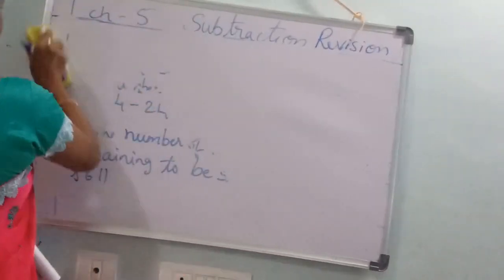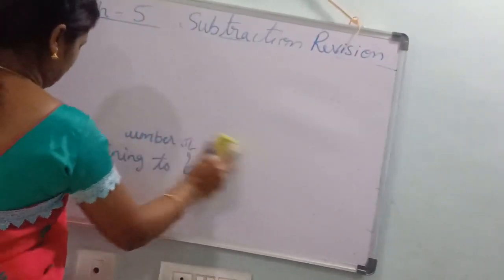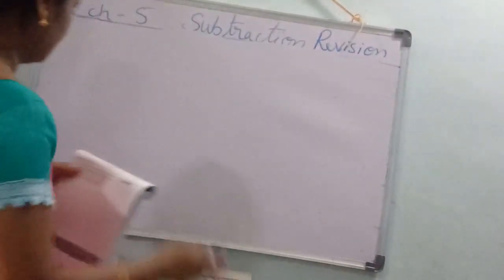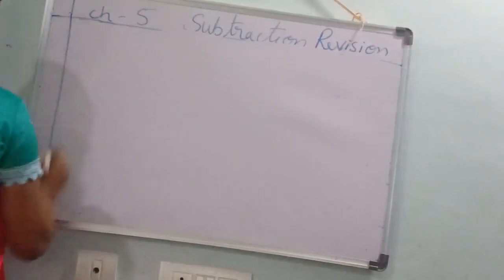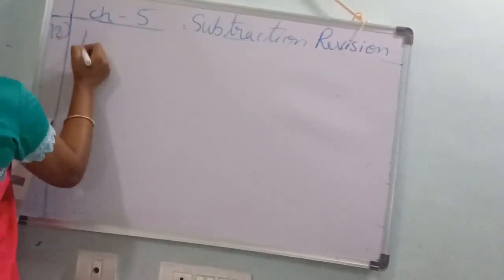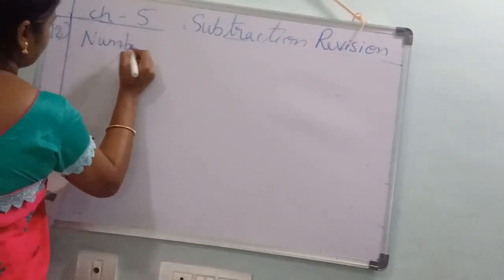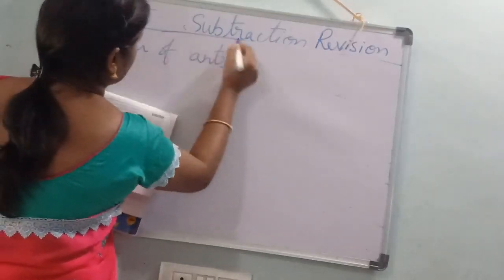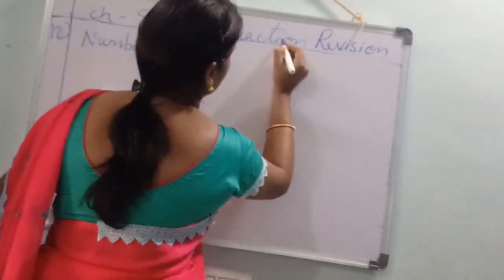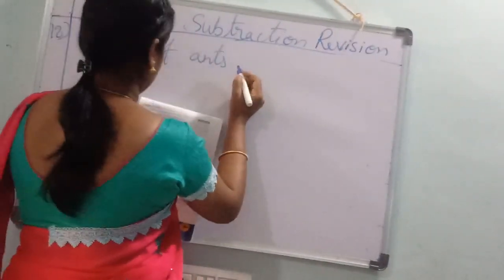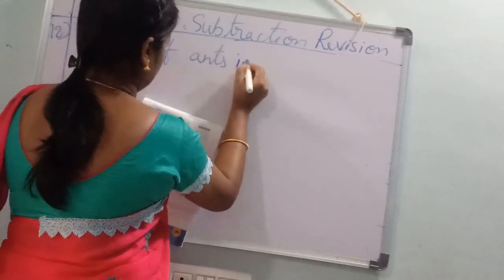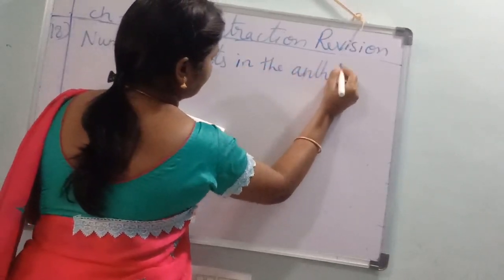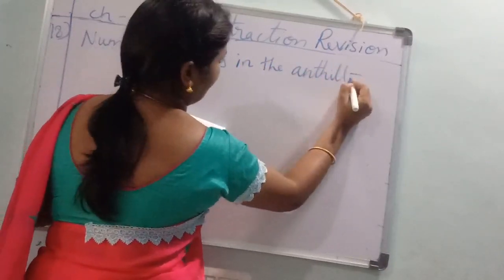In an anthill, how many ants are there? 123. See? 18th one. Number of ants in the anthill. How many? 123.